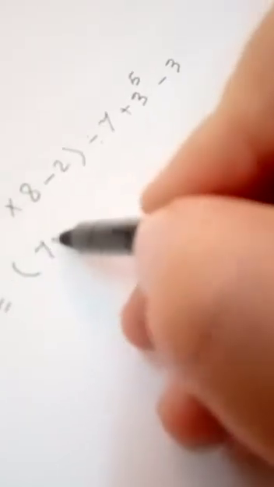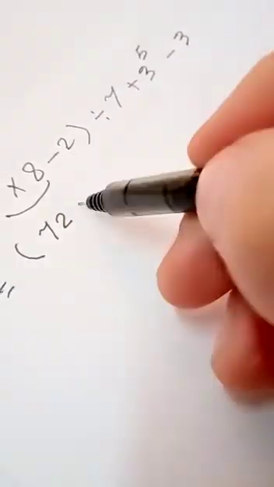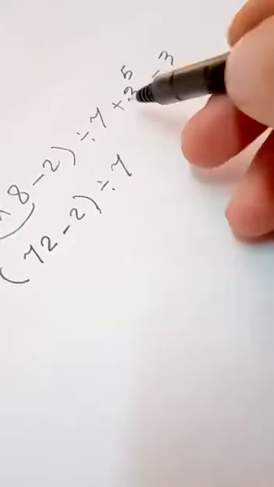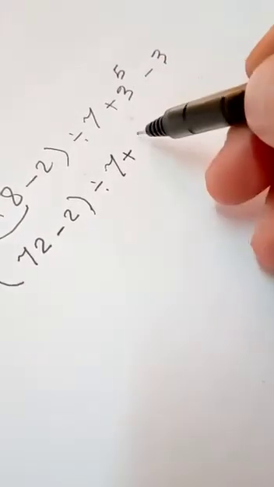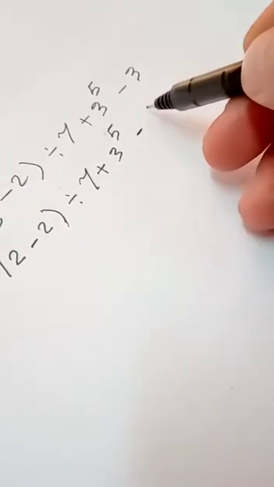Do the operation inside the parentheses. 9 times 8 will be 72 minus 2, divide 7 plus 3 exponent 5 minus 3.